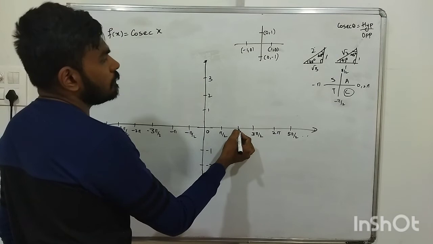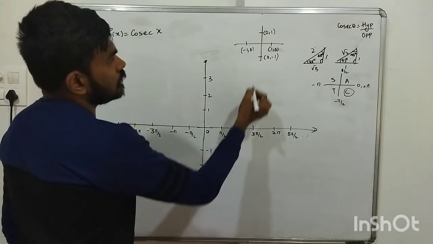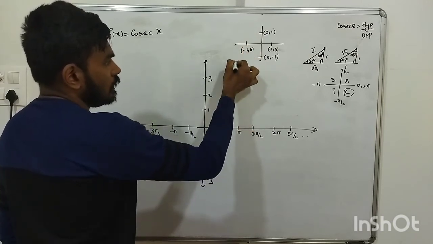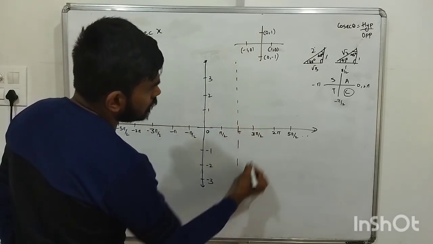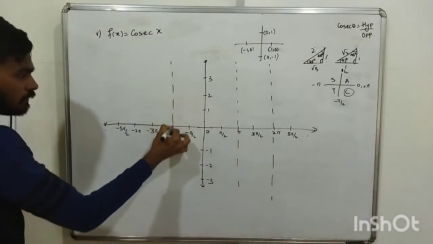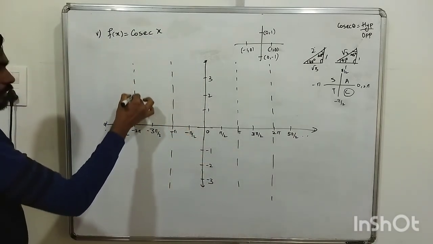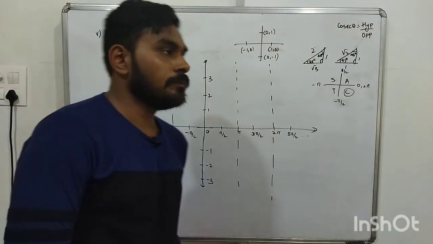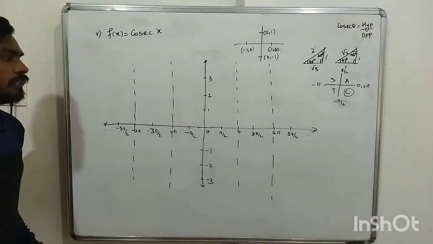Similarly, cosec of pi will be again infinity, the reciprocal of 0. This pi will go, similarly this 2 pi will go. Similarly this minus pi will go, this minus 2 pi will go, correct? Like this it is. So finally what we'll get?